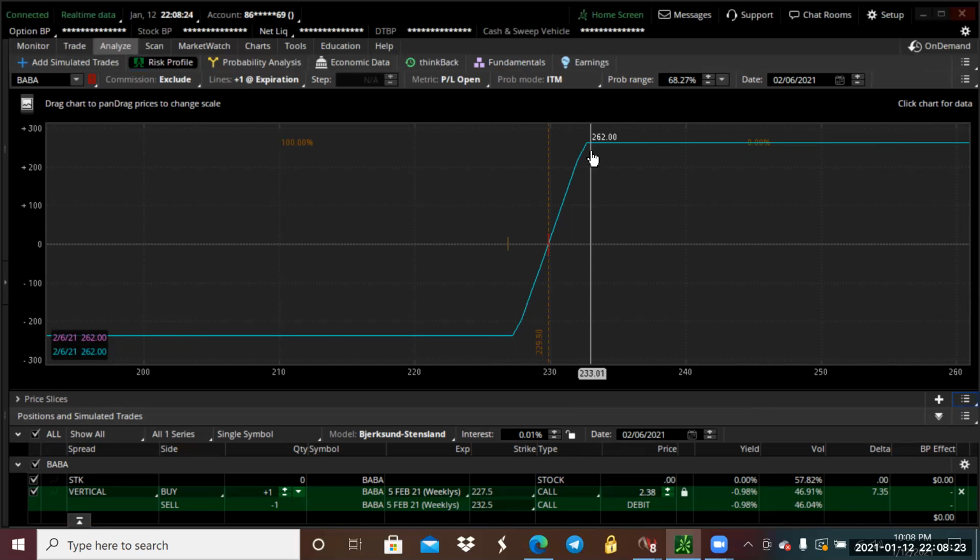Okay, as far as the trade, let's just do it at 1.25 to make it simple. But anyway, if we do these at the 230 and 235, let's see how much that happens. 262, and you're buying at 238.